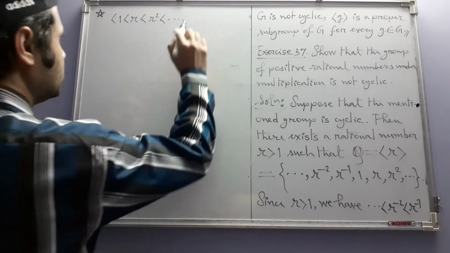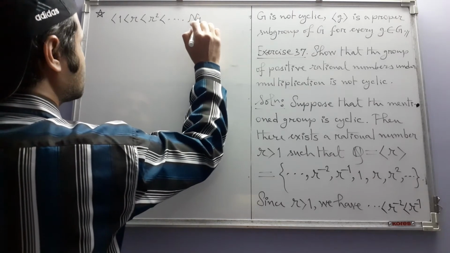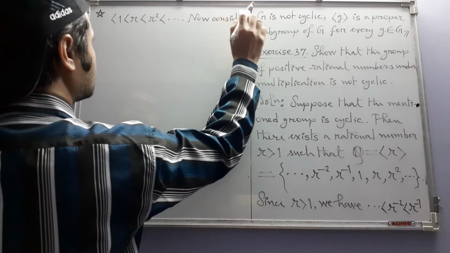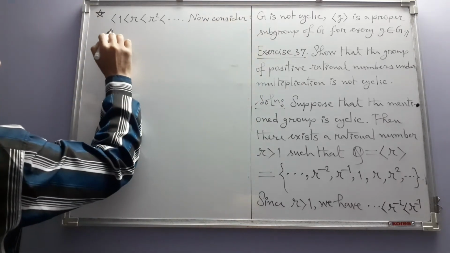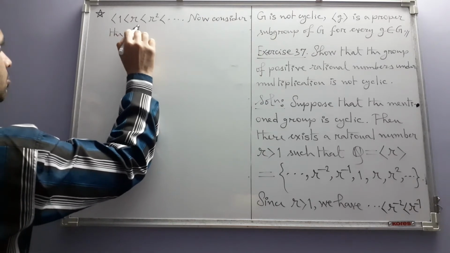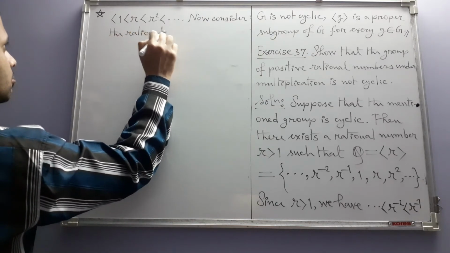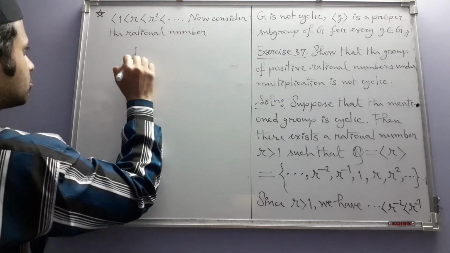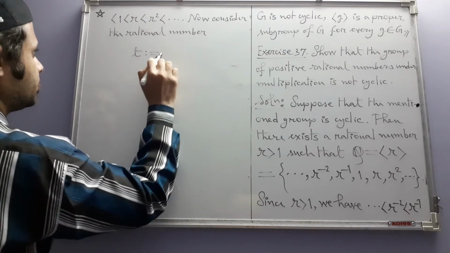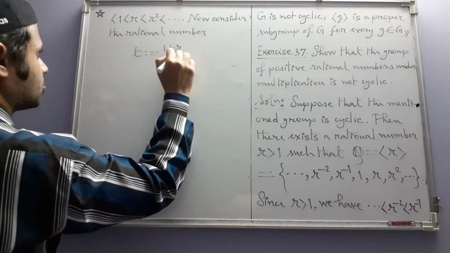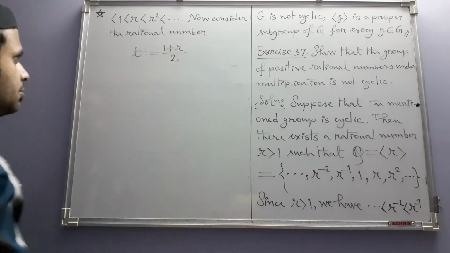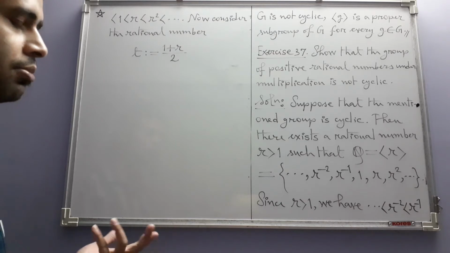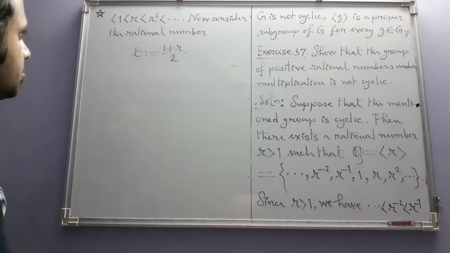Okay, now consider the rational number t, which is the arithmetic mean of 1 and r, 1 plus r divided by 2, or simply what we call the average of 1 and r.